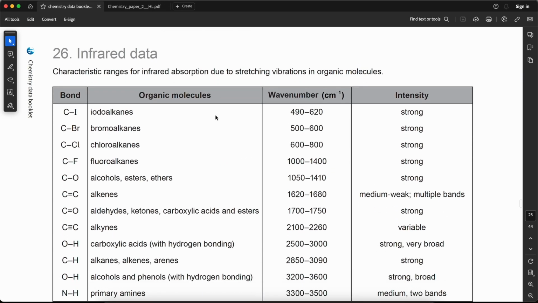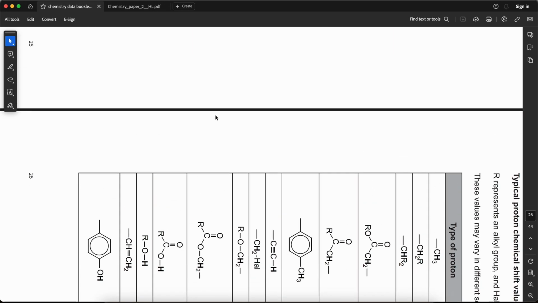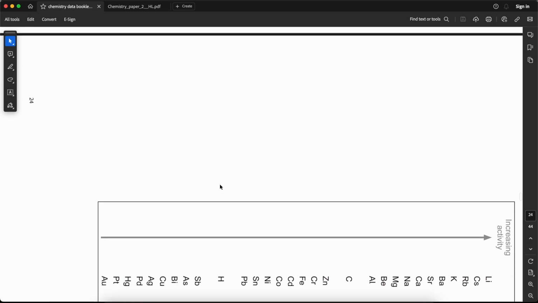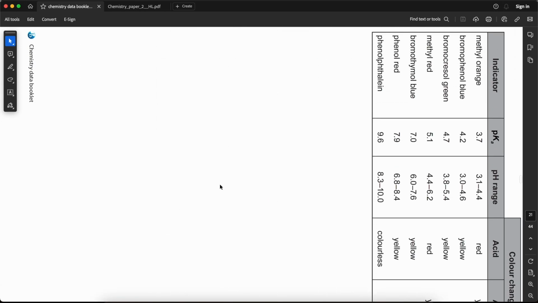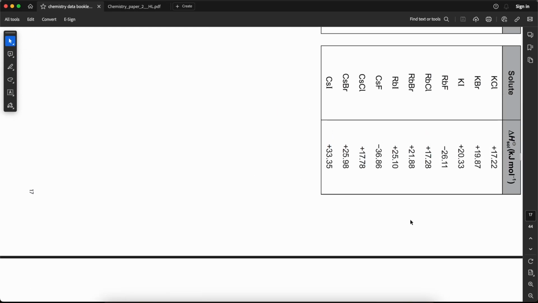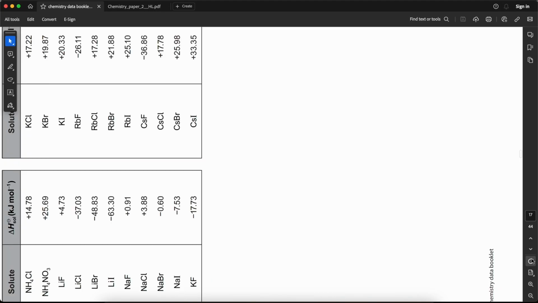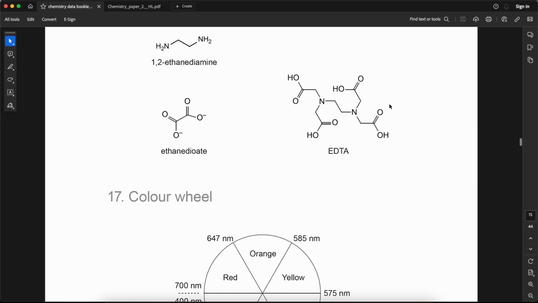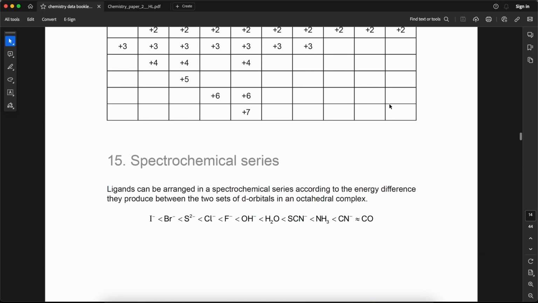Okay, in this spectrochemical series, which is section 15, Cl- is lower than H2O.